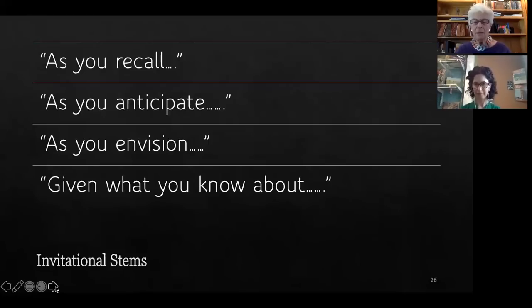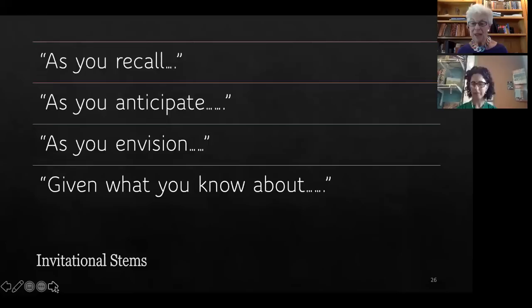Given what you know about this, tell me a little bit about what you've thought about, what you know, what you've learned. But notice each one of these is asking for a different cognitive process. And it's really asking you to be more thoughtful about your planning, about what you're going to manage, about how you're going to monitor what you're doing, what you're deciding to do, and then obviously at the very end, reflecting so you can draw upon it next time.